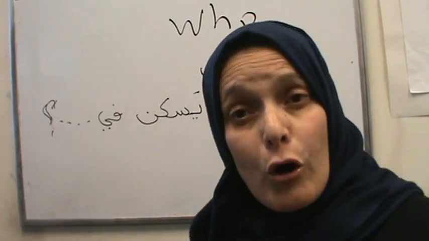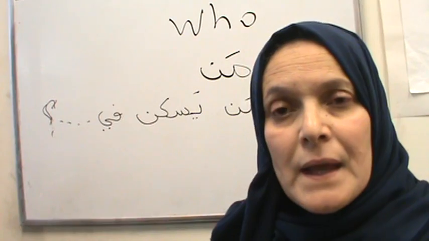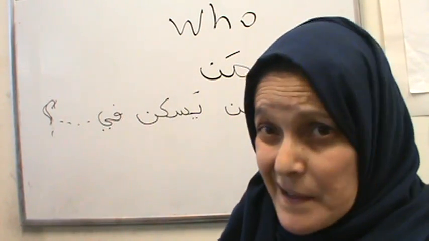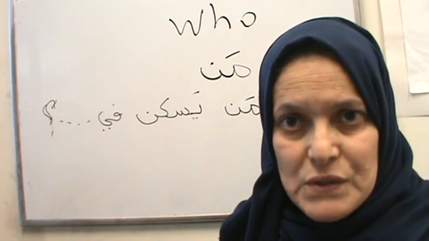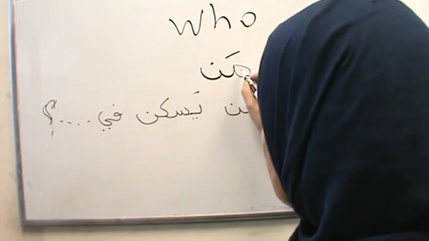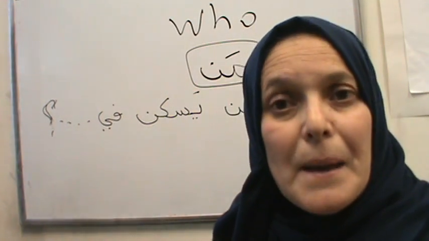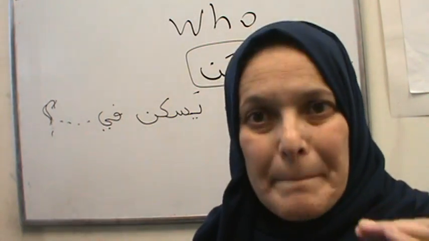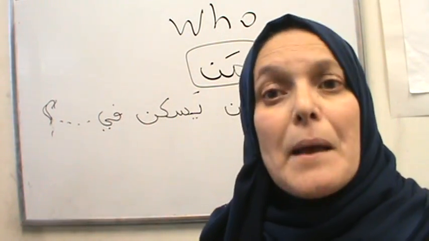Men. Also, when I get to who and from, they spell the same way. I just have different pronunciation. Men, it's who. It's an M and noon, like meme and noon, but with an A sound. Like in the plural for man, you would say men.